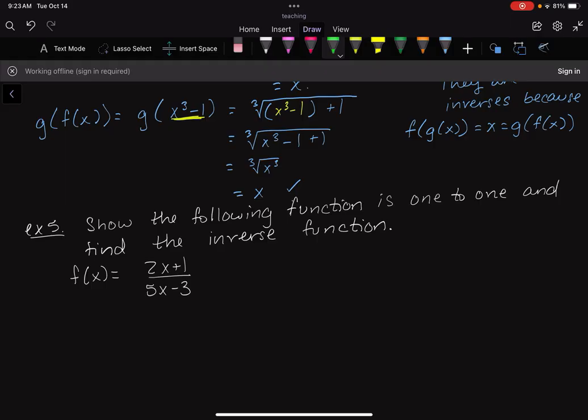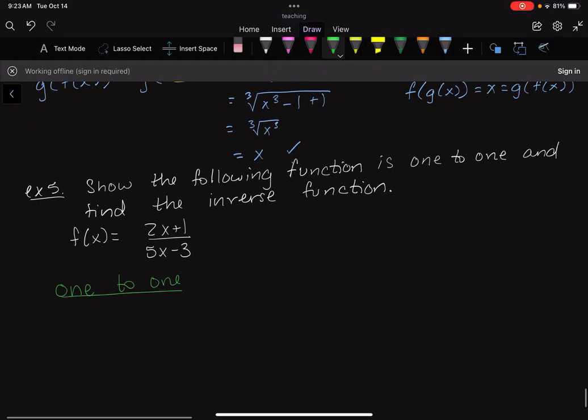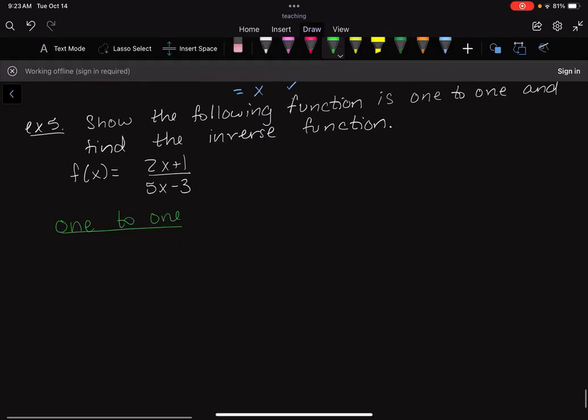First, I'm going to show one-to-one. So I'll do that right here. Now to show that something is one-to-one, you start off with f of a equals f of b, and your goal is to plug in that a and b and then do a bunch of simplifying to where you just get a equals b.